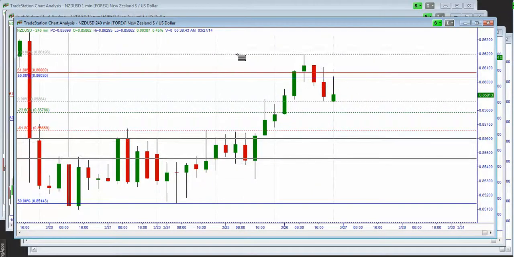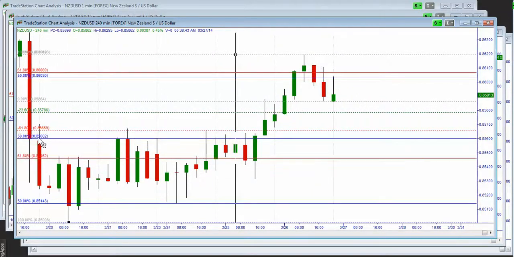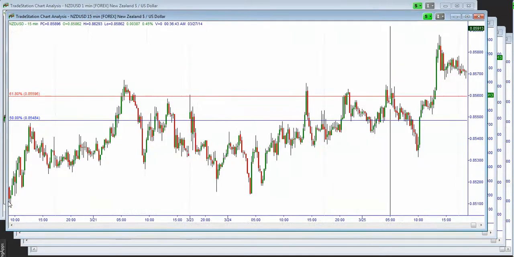So there's a potential for this market to move into 85.60 here.